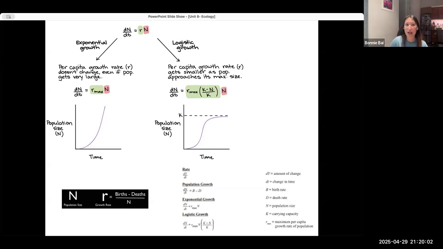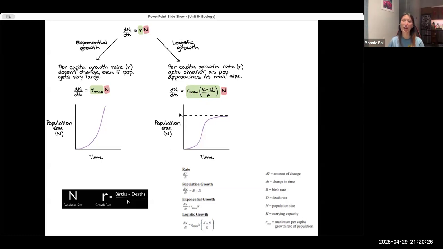Okay, so over here we have the calculation for exponential growth versus logistic growth. On the left side, it really is just the rate of the population growth, like dN divided by dt, or dy dt, which is just change over time, the rate of something. So in this case, once again, the rate of population growth.